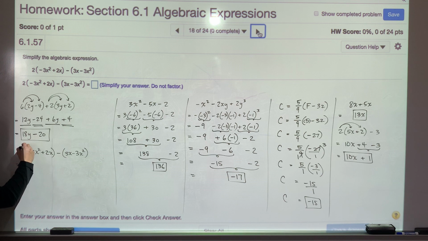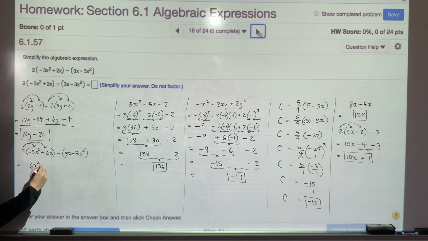Here we go. 2 times negative 3x squared, positive 2 times negative 3 is going to be a negative 6x squared. Then, that 2 needs to distribute to the positive 2x, which is going to make a positive 4x. Let's go to the next one.